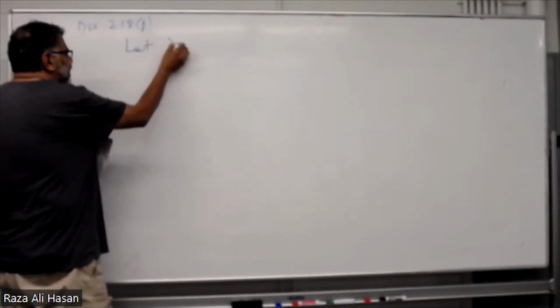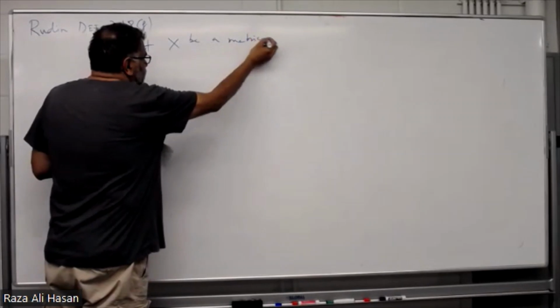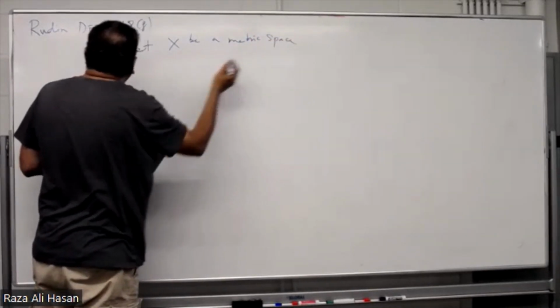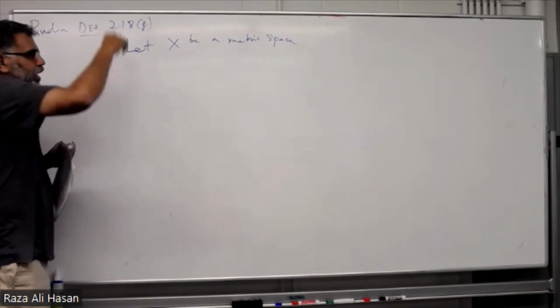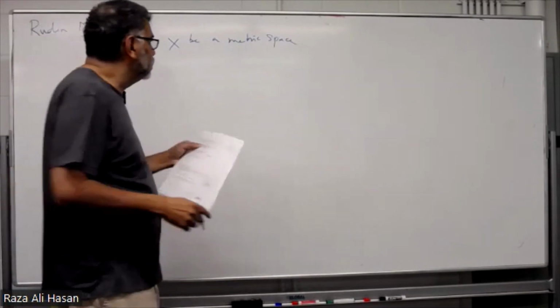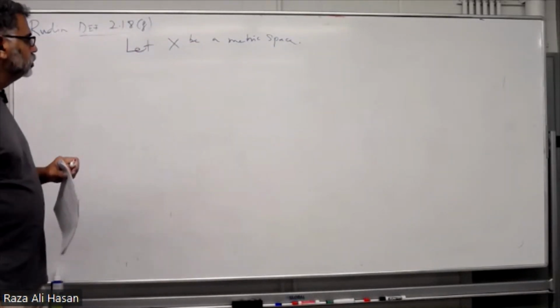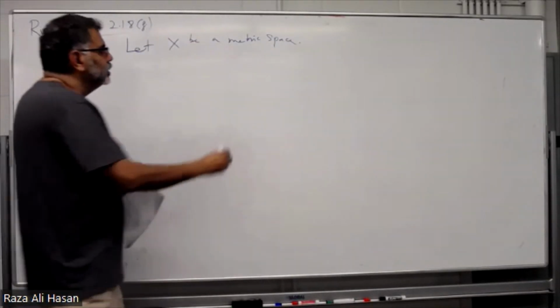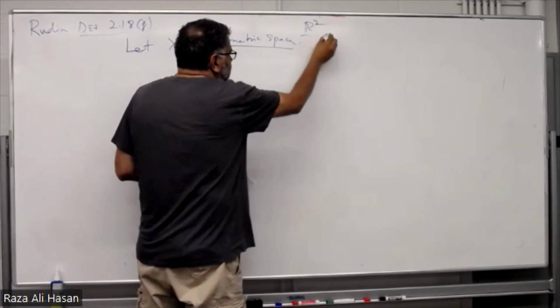Okay, so Rudin says let X be a metric space. There's a list of definitions A, B, C, D, so that's F. And for us, we imagine a metric space as this one, right?